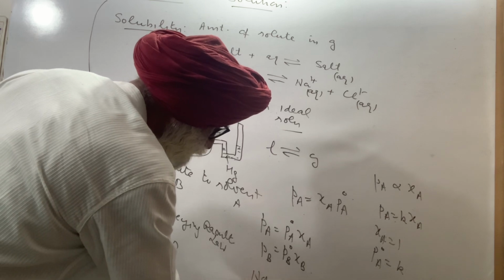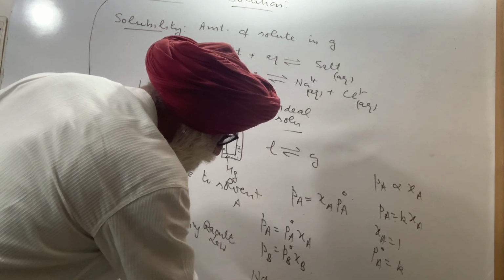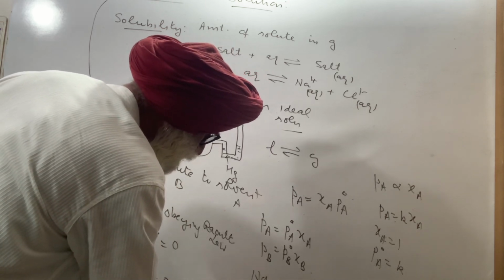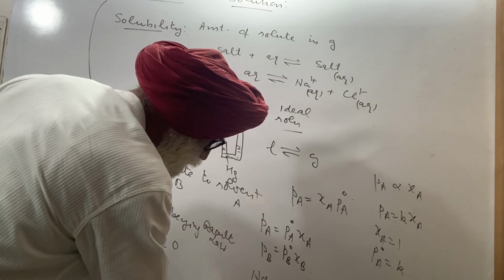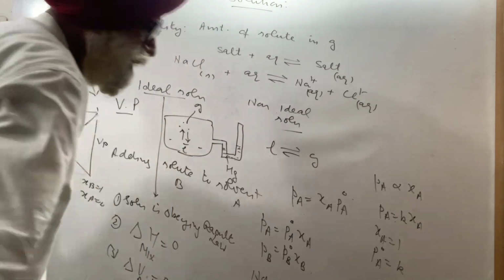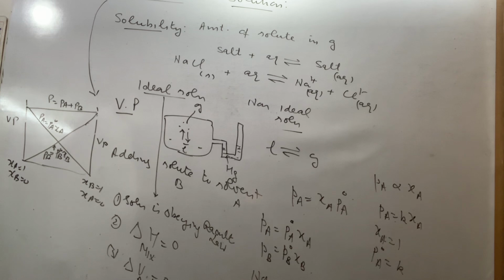Now, here this is positive deviation. Delta H mixing is positive. So what will happen? The solubility will increase with rise in temperature, because during formation of the solution heat is absorbed. You supply the heat, and solubility will increase.